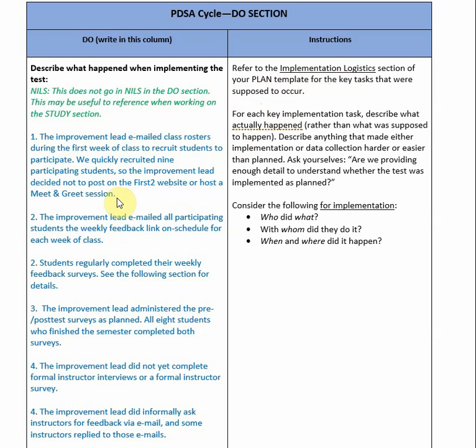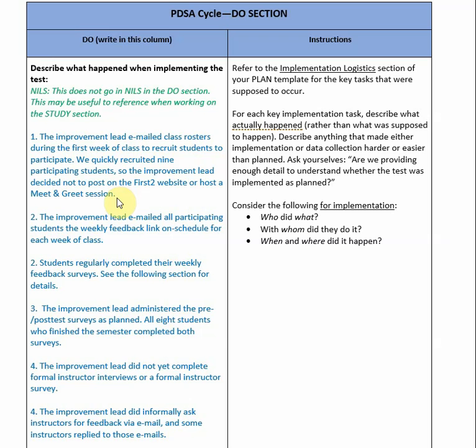So for this template, we wrote down that the improvement lead emailed class rosters during the first week of class to recruit students to participate in the embedded student project. They recruited 9 participating students, so the improvement lead decided not to post on the website or host a meet and greet session, which were 2 other recruitment activities noted in the planning section.